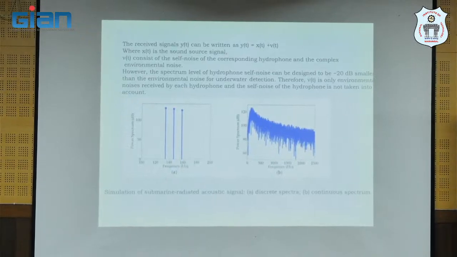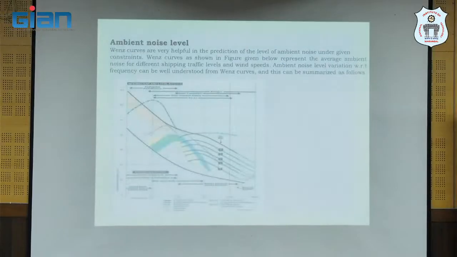The challenge is that x of t is the signal radiated from the submarine, but we don't have the exact correlation matrix of it. We only know that the signal consists of discrete tonals plus a continuous spectrum. The received signal is a sum of these two, but we don't know the exact frequencies or the spectral level. We just know that it is of this nature.